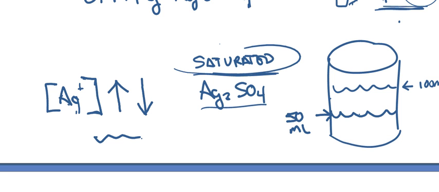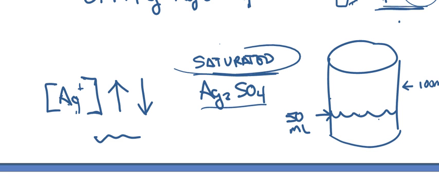Let's think about this. The solution is saturated. That means that solution can no longer hold any additional ions. So as this water evaporates, goes from 100 mils to 50 mils, what should I witness within the beaker? Well, since it's a saturated solution at 100 mils, it's still going to be a saturated solution at 50 mils.